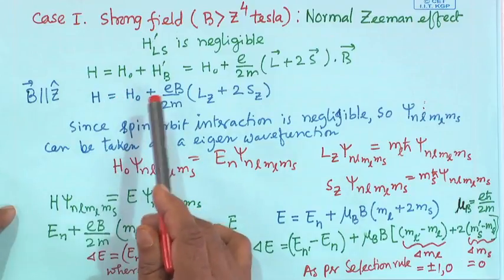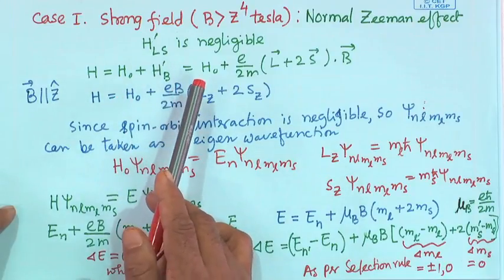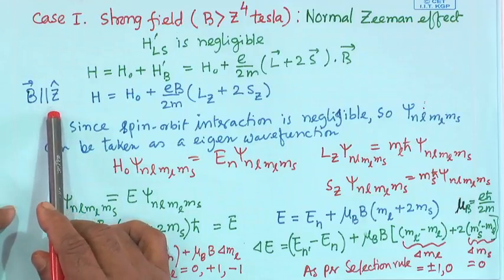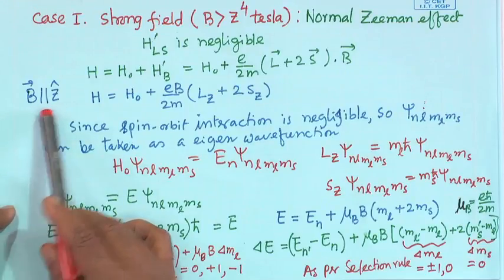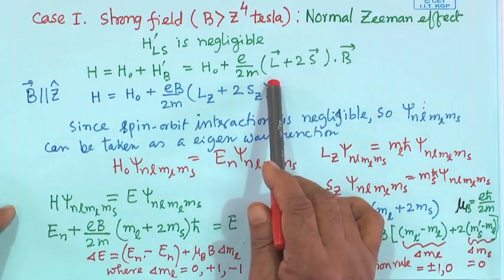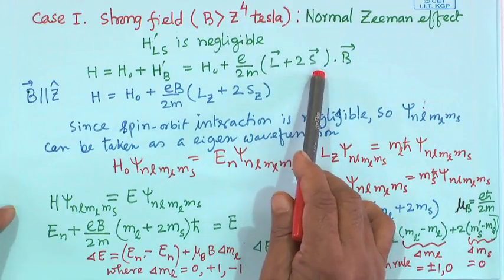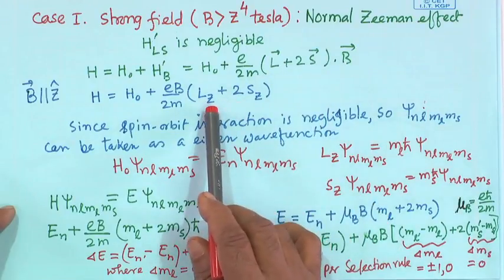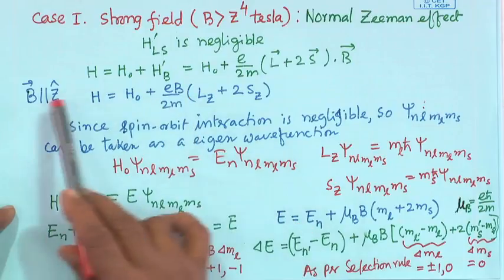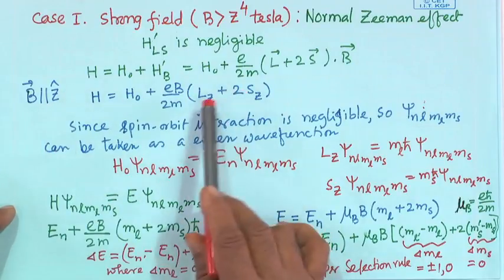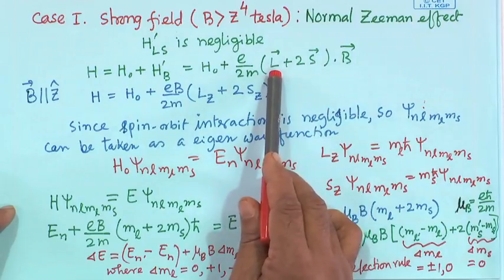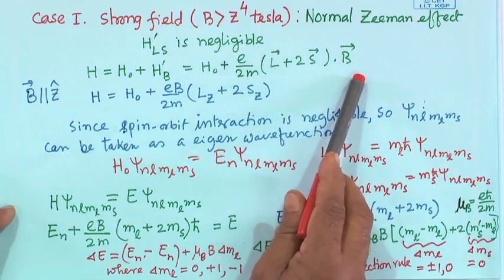If we consider that the magnetic field is applied along the Z direction, so the magnetic field is parallel to the Z direction, then we can take basically the Z component of L and S. So we have written eB by 2m, B is along the Z direction, and then L dot B means we have taken the component along the Z direction.